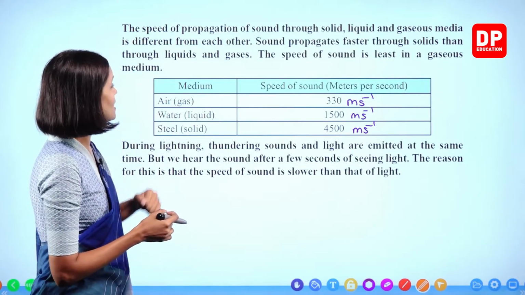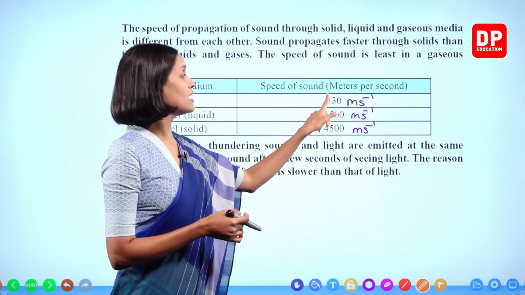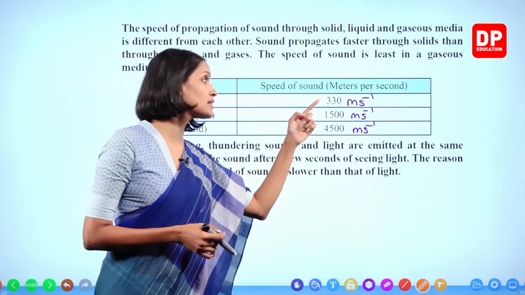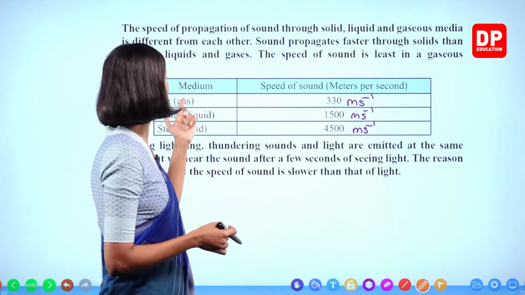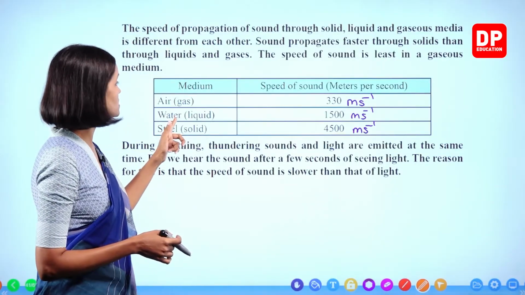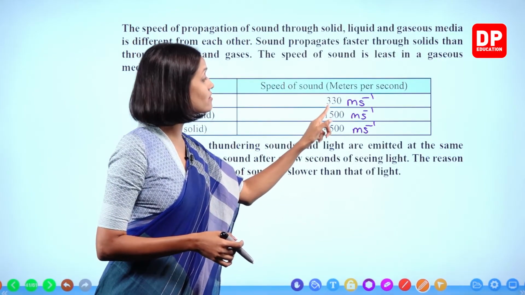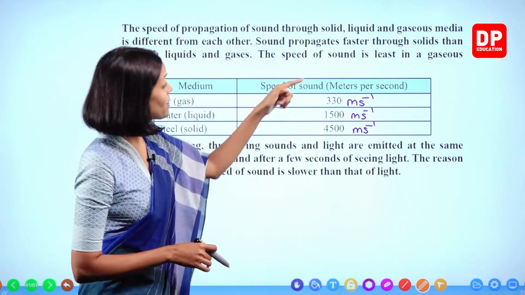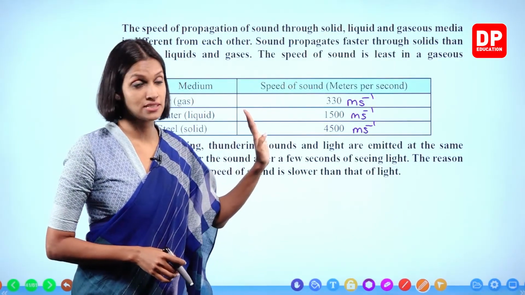When it comes to air, the speed of sound is 330 meters per second, which means within a second, sound travels 330 meters through air. Through water, sound travels 1500 meters within 1 second. So much higher than 330.